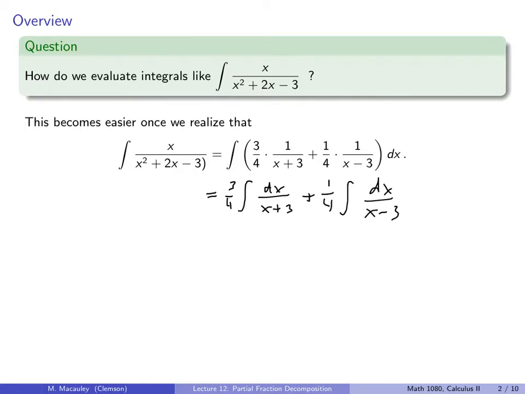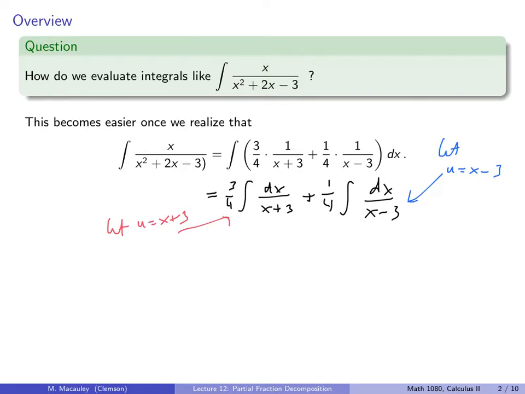And now these are just natural log. If you want to be picky about this, you can do this one and say let u equal x plus 3, and with this one you could say let u equal x minus 3.